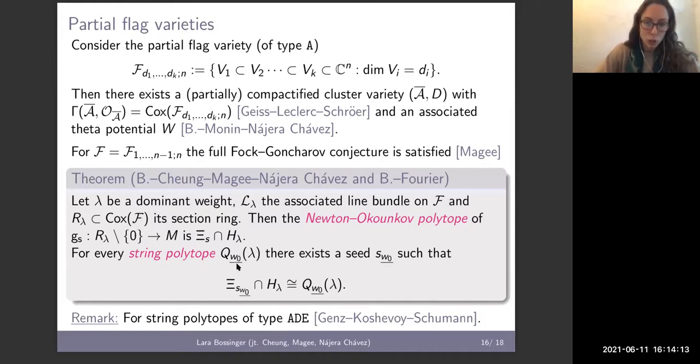So for every such choice of reduced expression, there is a seed so that the string polytope is isomorphic, or unimodular equivalent, to the Newton-Okounkov polytope of our valuation. And the second part about string polytopes is true in greater generality. It has been proven to hold also in the cases of full flags of type D and type E in work of Gäz, Koshevoy, and Schumann.